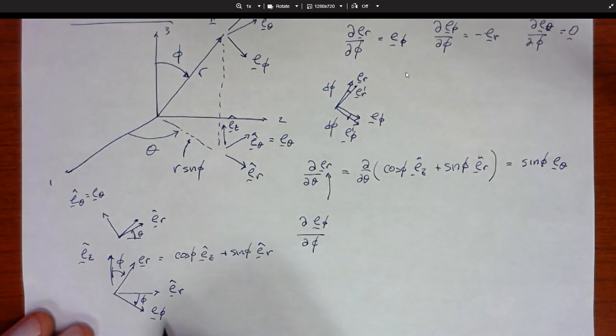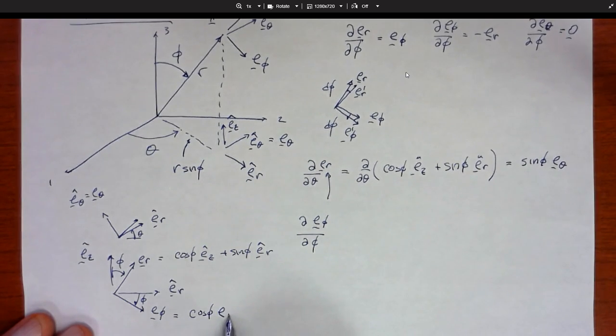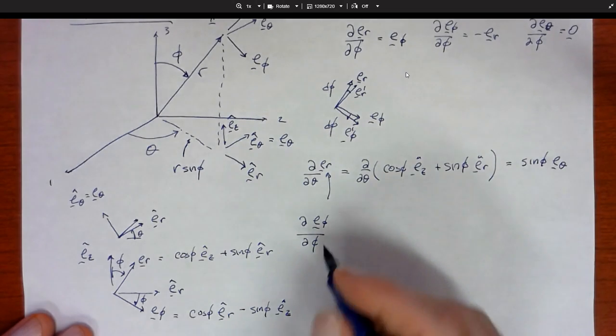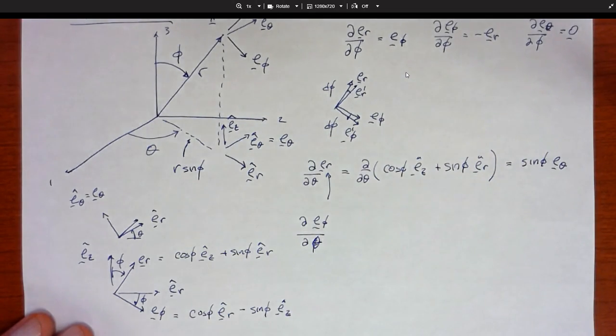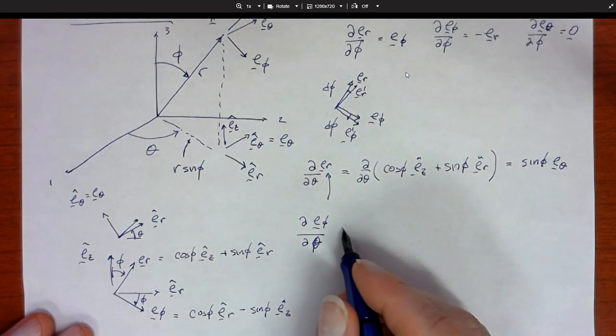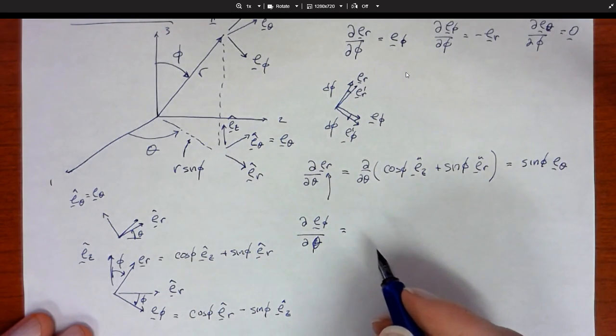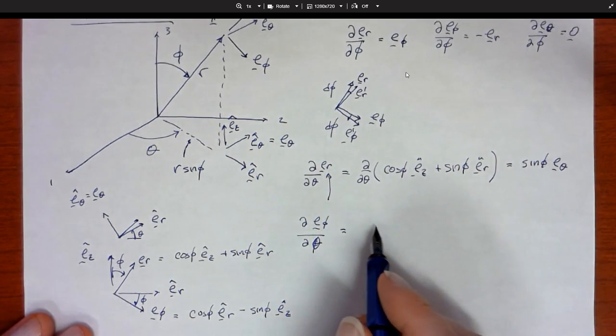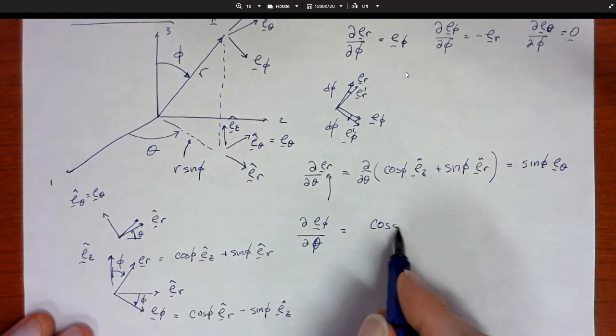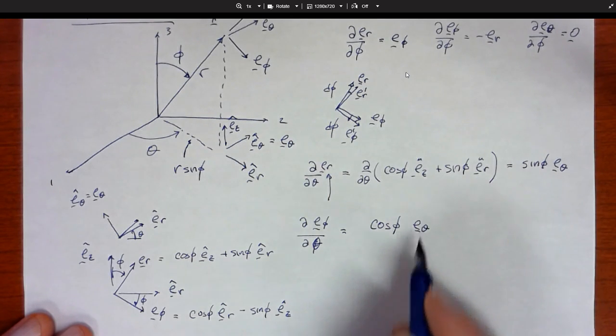You could do the same thing, where we say that E phi is equal to cosine phi ER hat minus sine of phi EZ hat, and then take the derivative with respect to theta, and you will find out that this is just going to give you cosine phi in the E theta direction.